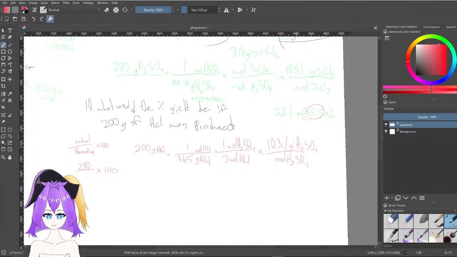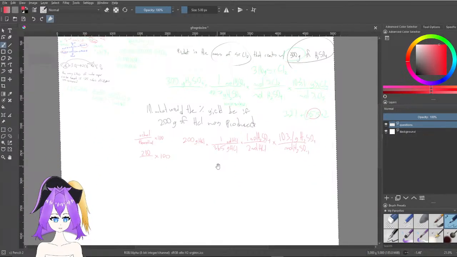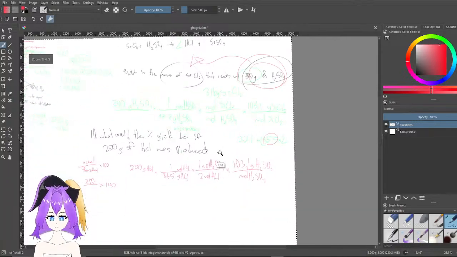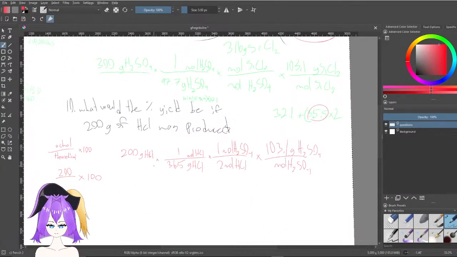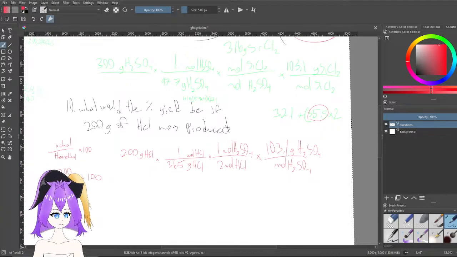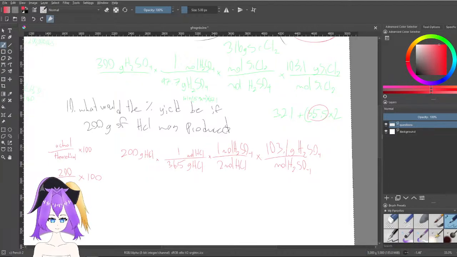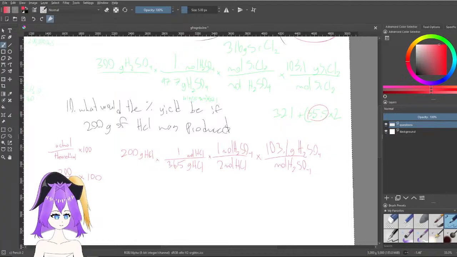I think so, it might be this. But I'm also thinking it may be go from this to that. But the problem is they give us hydrogen chloride. So I'm gonna run this through and see if I like the answer that comes out, and if not, I'll try the other one. The other one makes less sense, but it's also an option if I don't like what I get out of this.